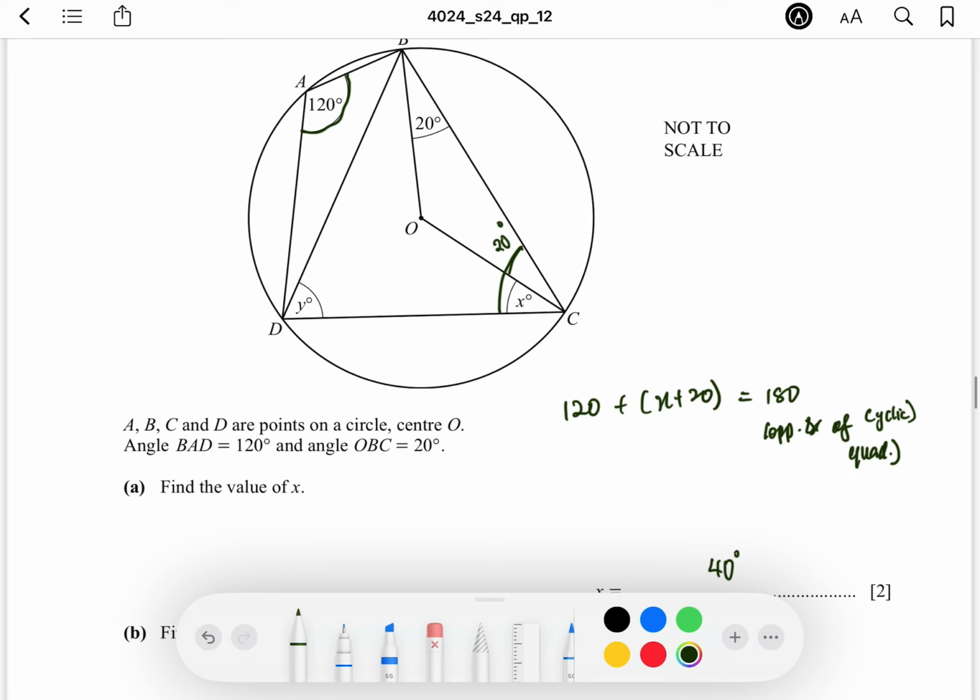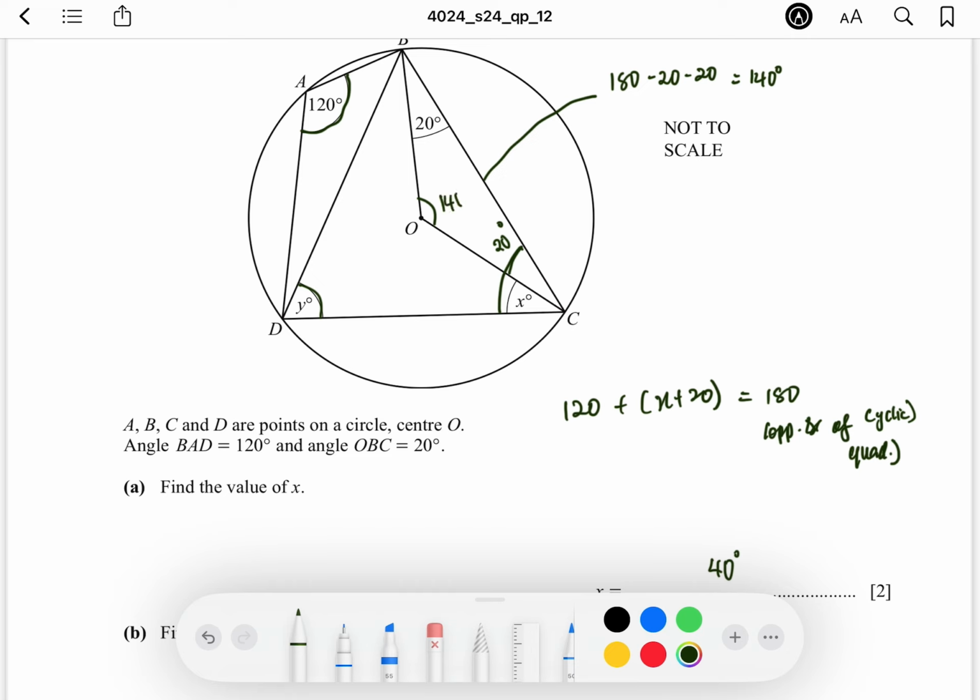Alright. Next, find the value of y. We use angle at the center is equal to twice angle at the circumference. However, we do not have angle at the center yet, but we can find it because sum of angles in the triangle is equals to 180, which is equals to 140.